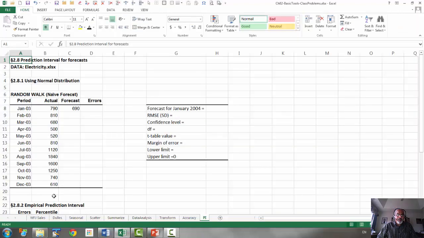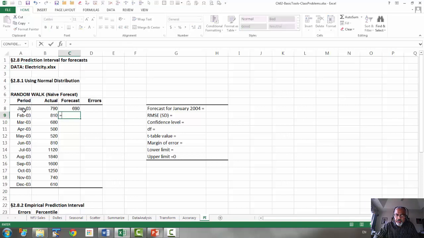So here, let's assume a random walk forecast, and let's see how to develop a normal distribution confidence interval or prediction interval. With 690 being the previous actual value, we start with a forecast of 690 for the first time period, and then the previous actual value is the forecast for the next time period.